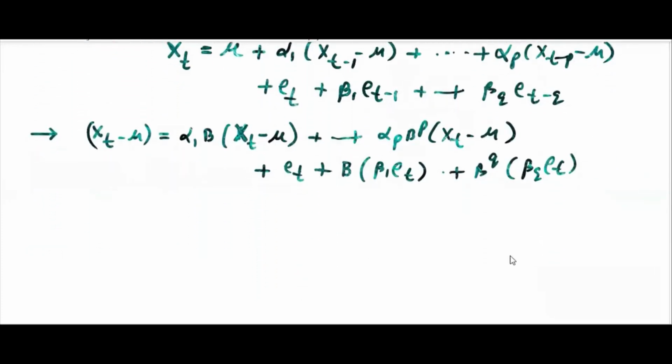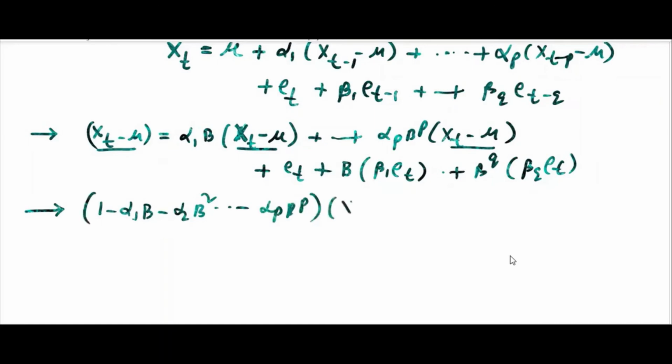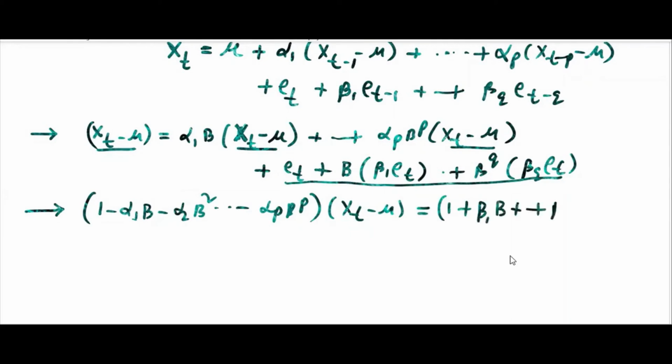et will remain the same. If you take Xt minus mu common and take everything to this side, you get 1 minus alpha 1 B minus alpha 2 B square minus alpha p Bp. On the left hand side you write Xt minus mu, and on the right hand side you take et common: 1 plus beta 1 B up to beta q Bq, times et.